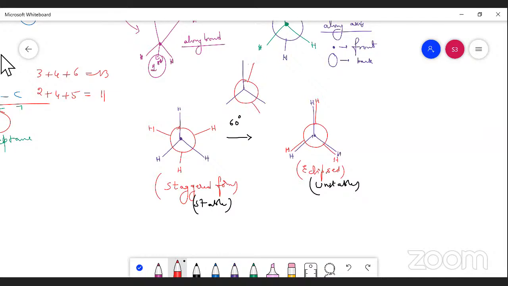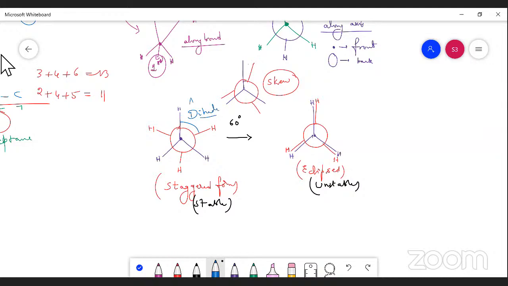Those isomers we call skew isomers. The angle between the front carbon CH bonds and the back carbon CH bonds, we call the dihedral angle.